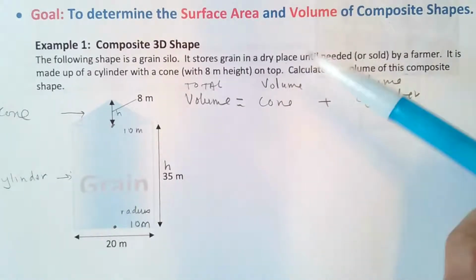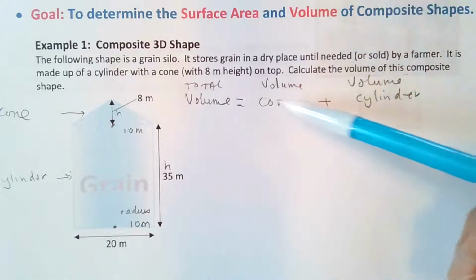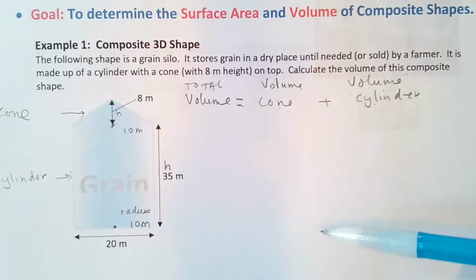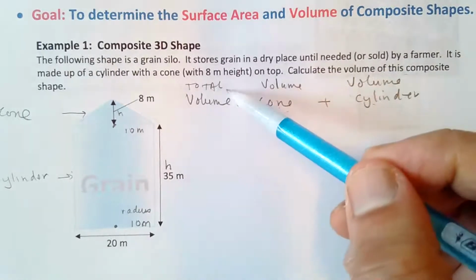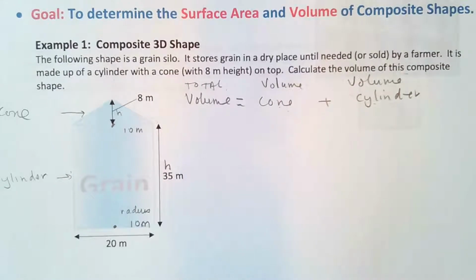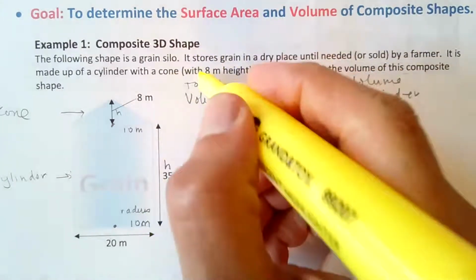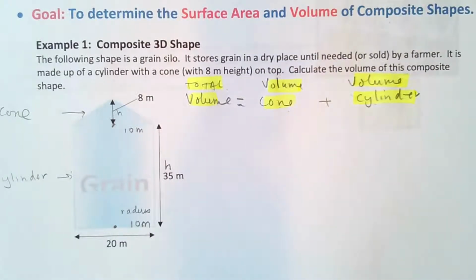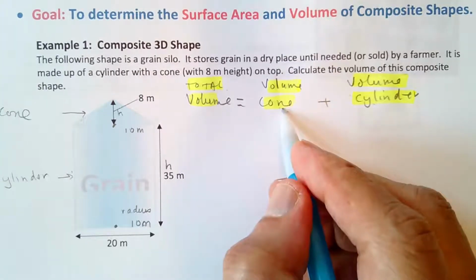So you have to find the volume for each of these and then add the two to give you the total volume. So let's highlight that. So let's find the volume of the cone first.